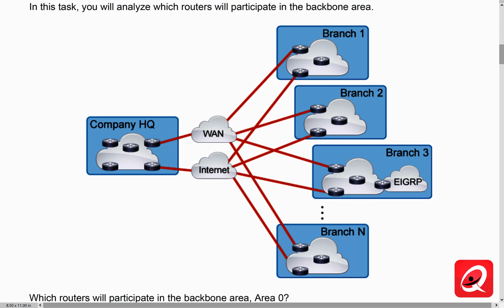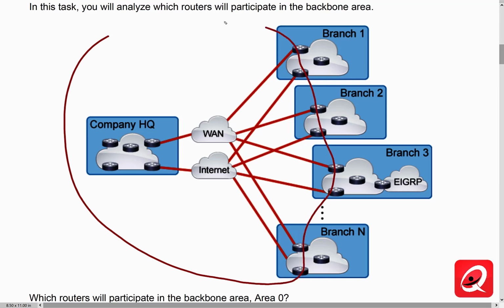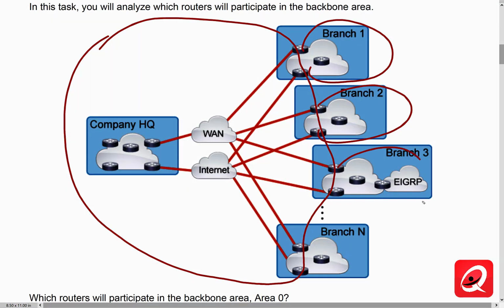We also know that we only have the ability to summarize on an area border router, an ABR. And if we want to summarize to HQ, those summaries would have to be created at the branch. So for that reason, the company HQ routers most likely would have to extend, we would have to extend area 0 down to the branch locations, meaning that in this particular case, we would have essentially area 0 that would look like this, and then each of these would be different areas in this particular case.